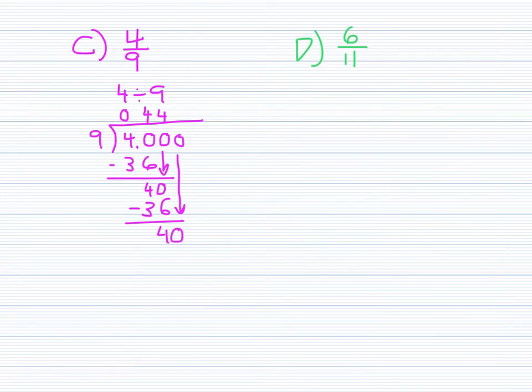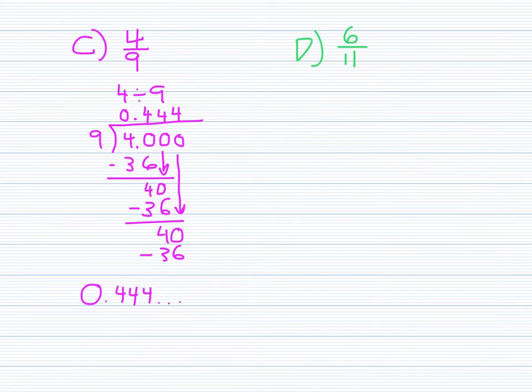Wait a second. I've noticed a pattern here. I started with 40. I got 40 again. If I keep going, 4 times 9 is 36, I'm just going to keep getting 40 every time, and then my answer up here is just going to keep getting longer. 4, 4, 4, 4. So what I can do is, I notice the pattern. I'm going to put my decimal here. And we can say our answer is 0.444, and then we show the dots, dot, dot, dot.